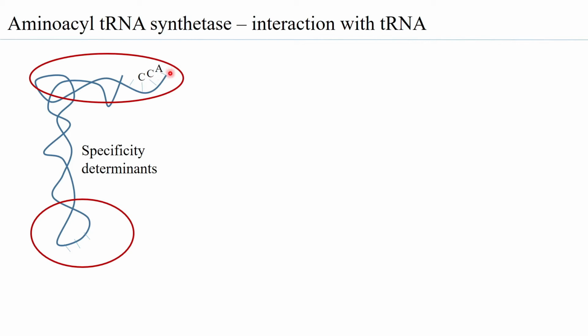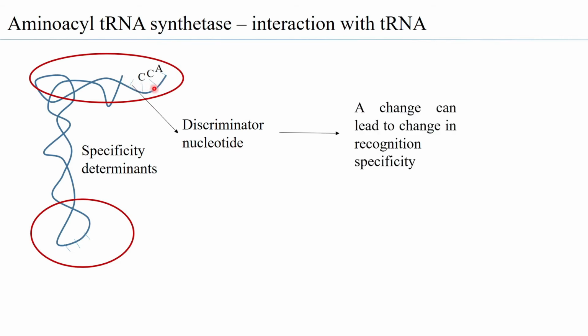But what is interesting to note is that other than the CCA, the acceptor arm can also have other nucleotides which enable the enzyme to distinguish between one tRNA and the other. Such nucleotides which enable discerning the difference between two tRNA are called discriminator nucleotides.